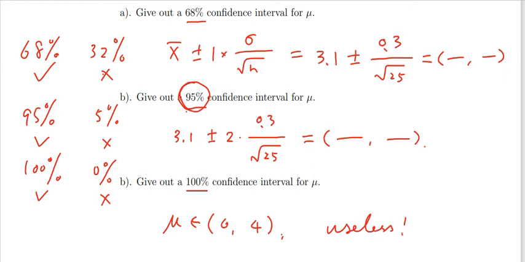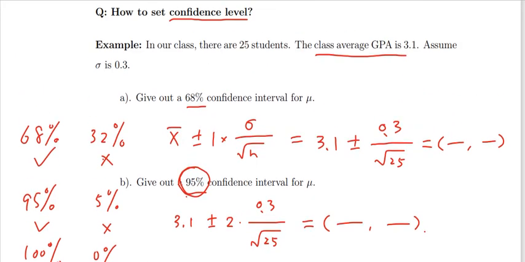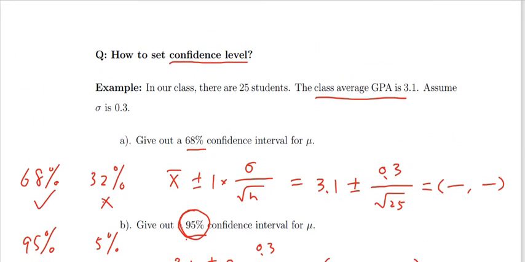Around 90% is maybe also okay, right? So the confidence level should be about 90%, 95%, or even 98%, where I have just a 2% chance to be wrong, but it cannot be 100%.